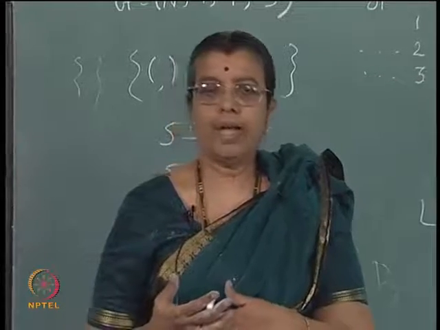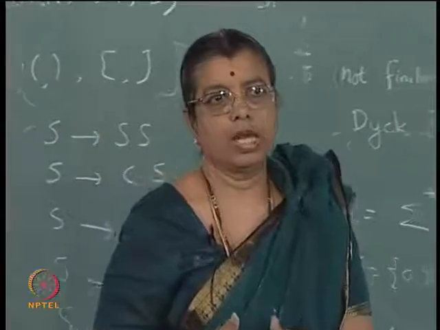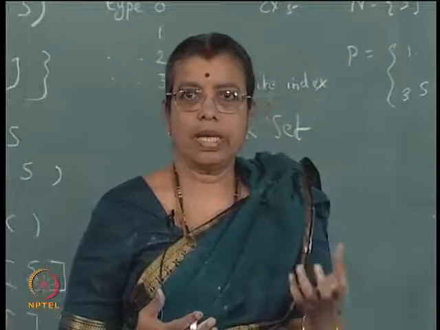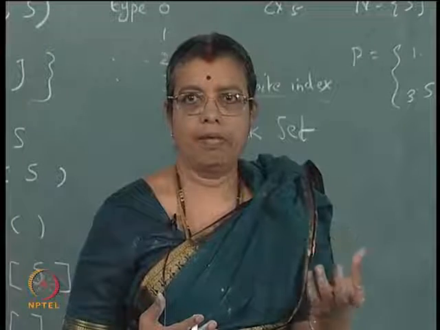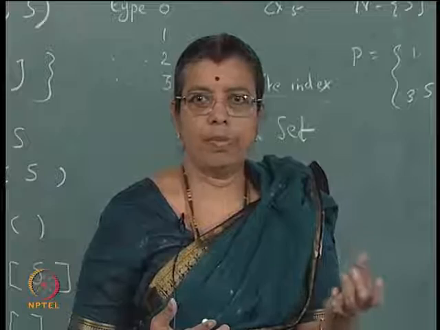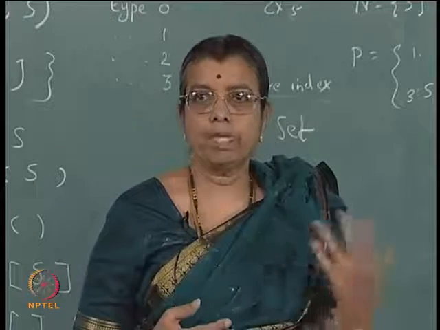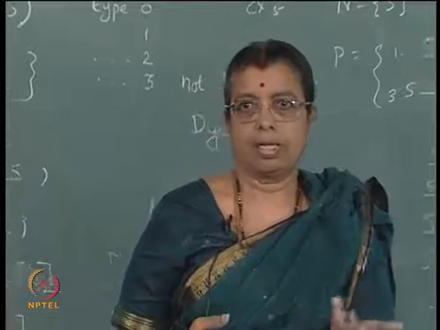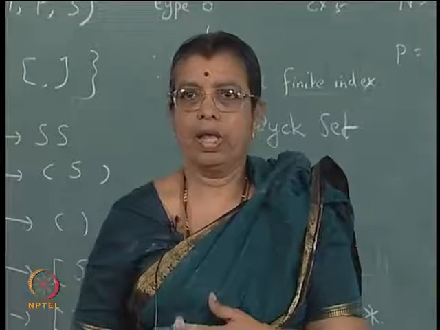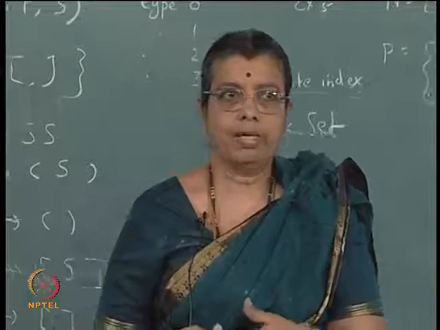So the idea of type 3 grammar is very much used in lexical analysis, where you have to recognize the tokens. Tokens are recognized as keywords or identifiers or operators or equal to operator and so on, and they are put in symbol tables or constant table, and so there will be a pointer and so on. We will spend some time on that later on.